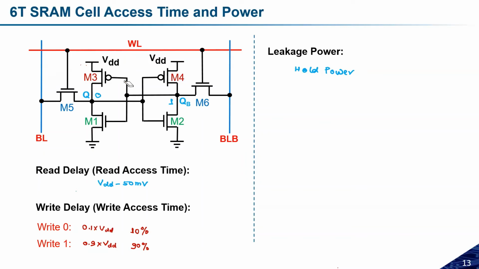But if I have to calculate the leakage power in the second way, which I just told you, then what we can do, let me make it again. Whatever current is flowing through this one is the leakage current. But on the simulation tool, how can we do that?